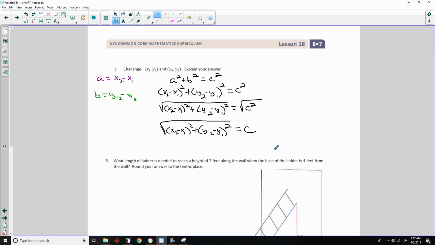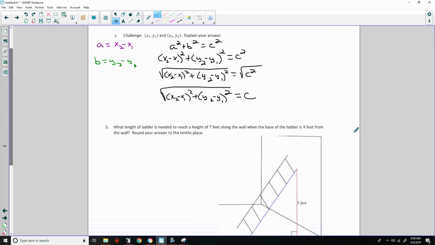Okay? And this is the distance formula. What? Are you kidding me? All right, so we have just derived, using the Pythagorean theorem, the distance formula. How cool is that? You impressed yet?